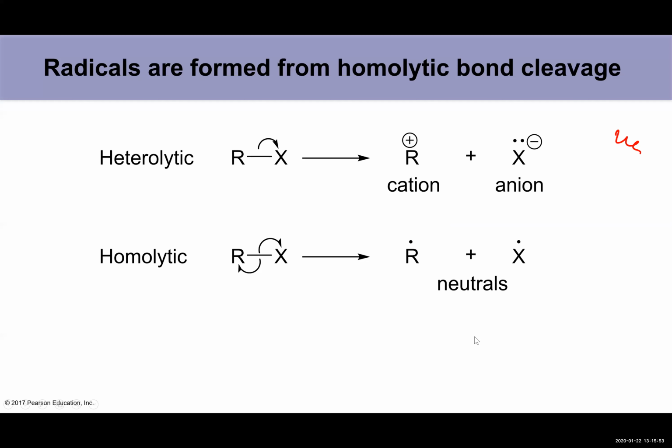So before we get into radical reactions, we have to talk about the two kinds of ways atoms tend to split apart from each other. One is called heterolytic, and that's the one you're familiar with.